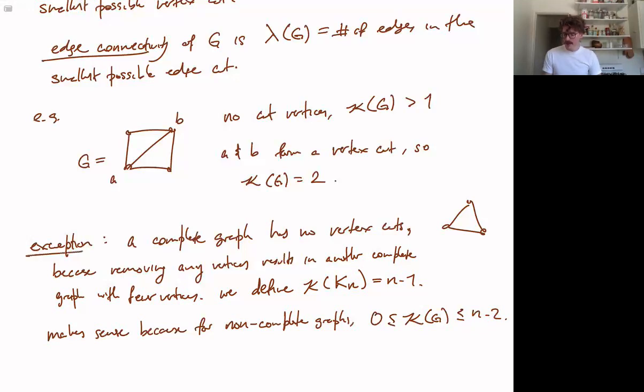So we have this small exception for vertex connectivity. There's no exception needed for edge connectivity. We can treat complete graphs exactly the same way.